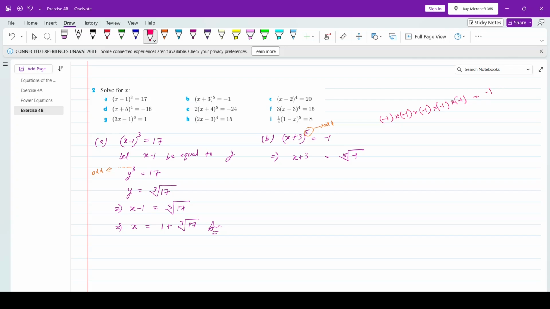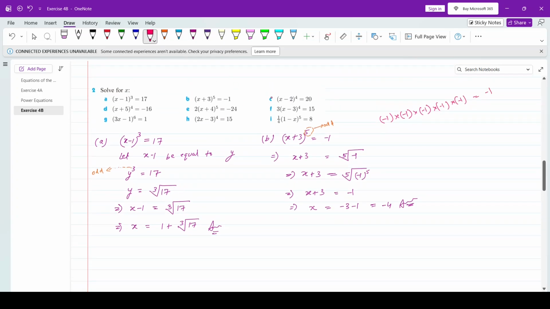We get -1. So this term inside the radical, we can write as -1 raised to the power 5, and this is equal to x plus 3. So x plus 3 is equal to -1, and x is equal to -3 minus 1, that is -4.